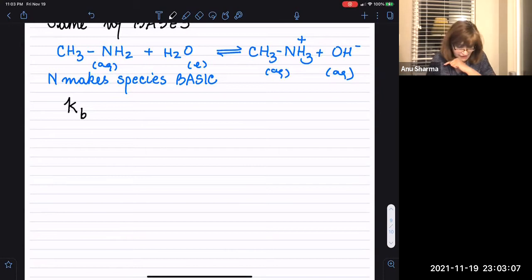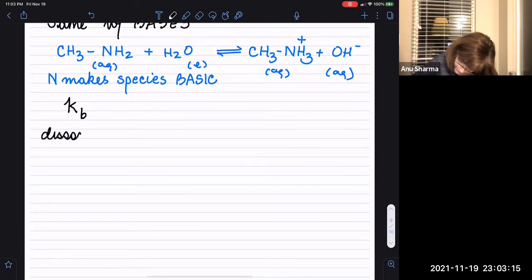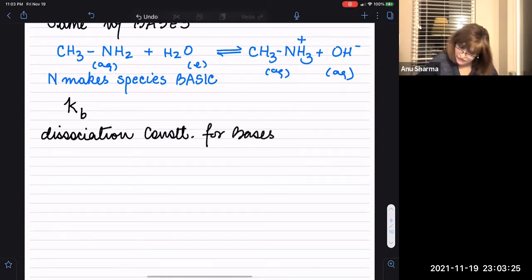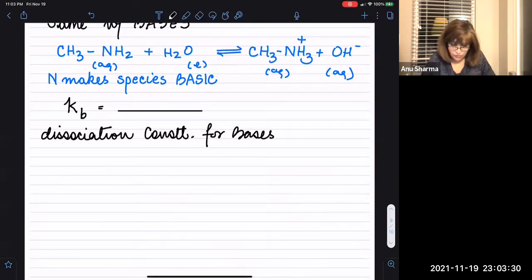Okay, Kb is the equilibrium dissociation constant for the bases. Okay, so Kb is equal to, what?